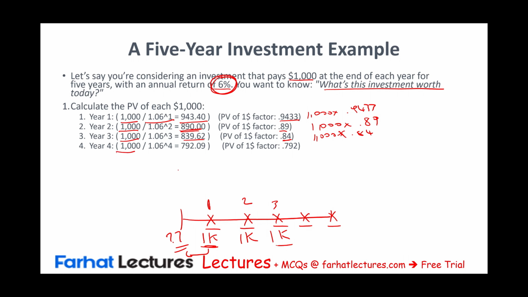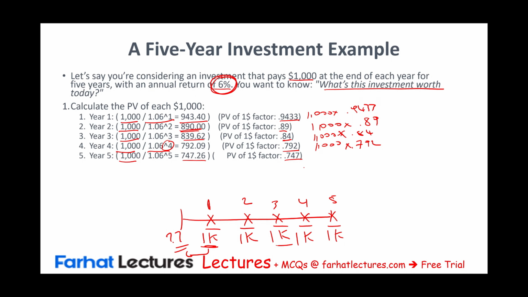Then the fourth payment of $1,000 gets discounted at 6% raised to the fourth power, or the factor from the table, 0.792. Now if you're wondering where these factors are coming from, I'm going to show you the table in a moment. Then the last $1,000, you will only need to pay $749 using the same computation.